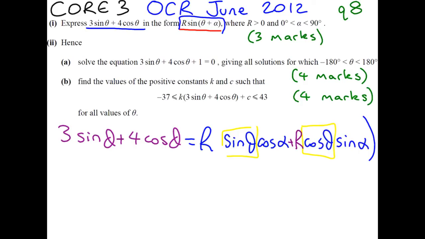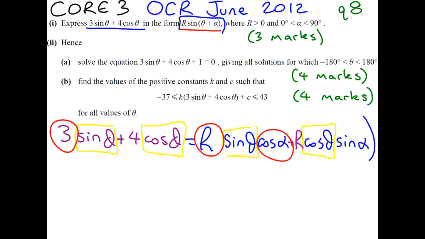Now I've highlighted what is common in both sides of the equation, sine theta and cos theta. Now we can do what's called comparing coefficients. It's basically spot the difference in the equation. So next to sine theta on the left hand side we've got 3, and on the right hand side we've got r cos alpha.